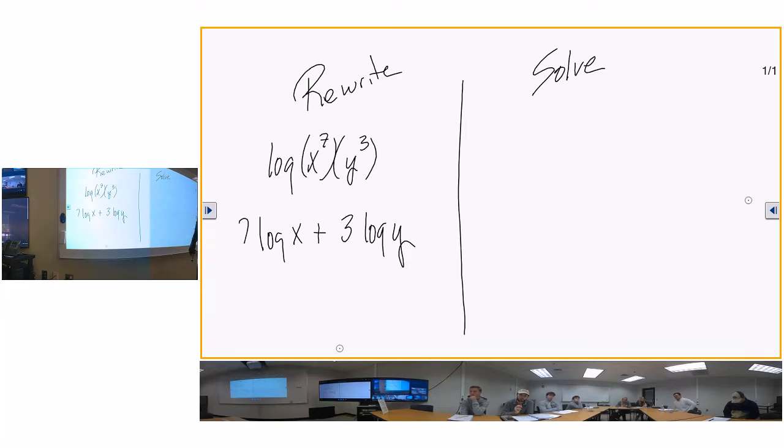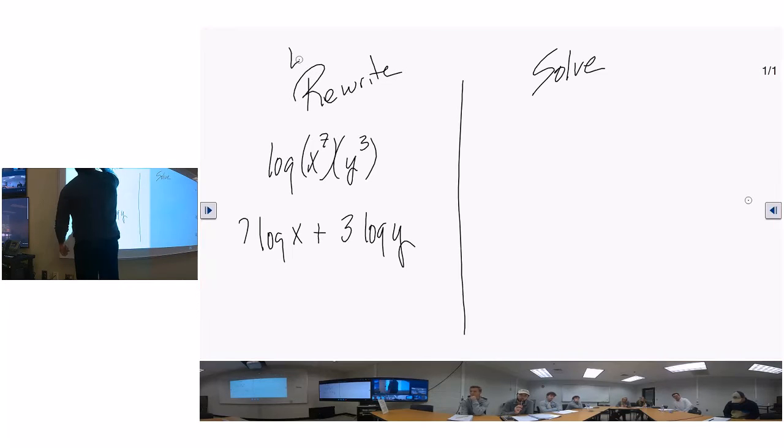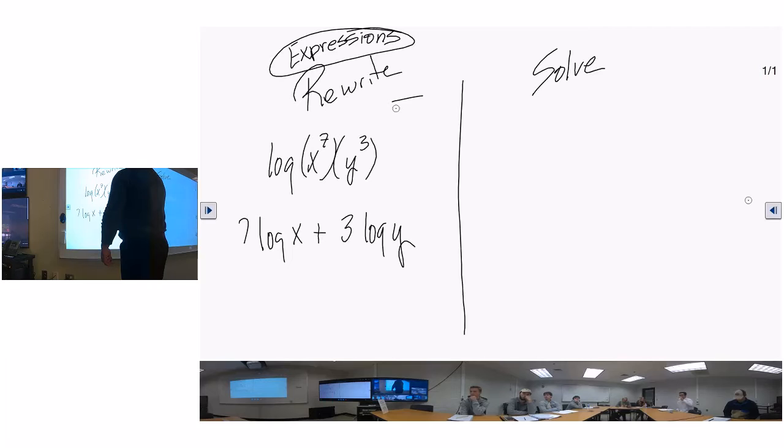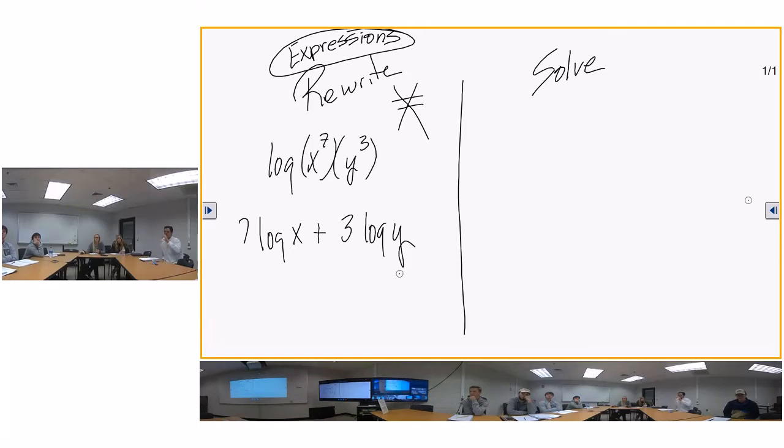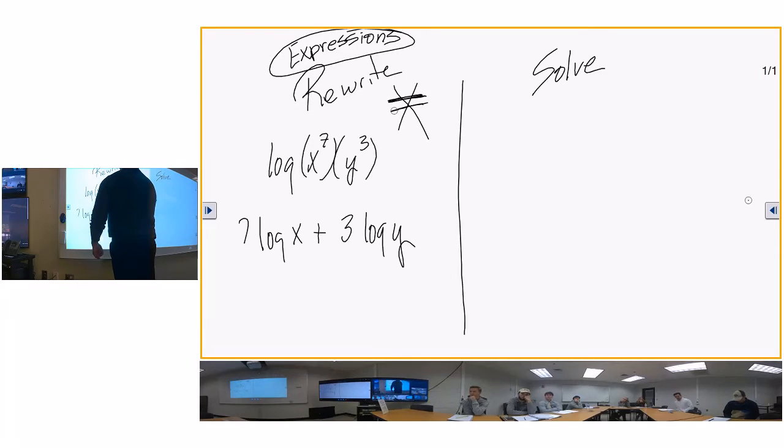Rewrite are expressions. This is algebra. What's expressions? Expressions are terms without a what? Without a what? Solution. Okay, I'll do this again. Without a what?